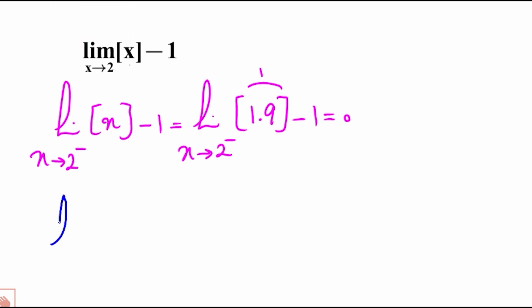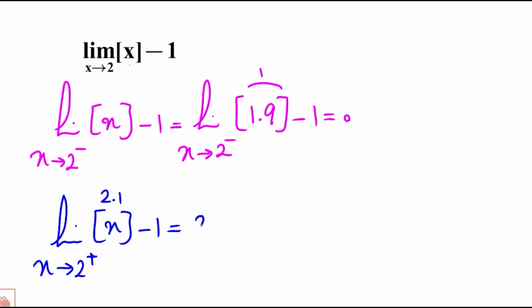And the limit as x approaches 2 from the right: if x is slightly more than 2, for example 2.1, the floor of 2.1 is equal to 2, so 2 minus 1 is equal to 1. Since the limit from the right is 1, which is not equal to the limit from the left, we say that the limit does not exist.